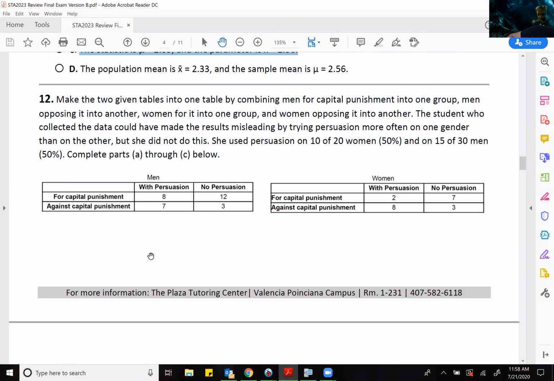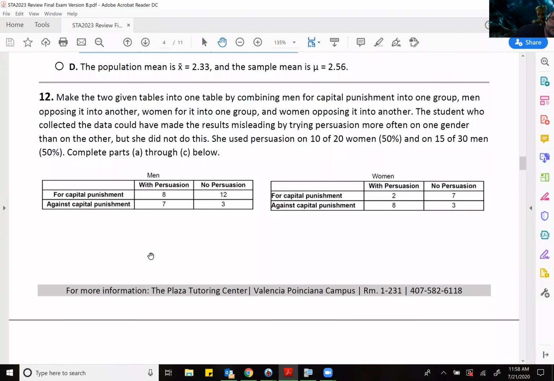All right. So this next one. This one is coming to us live and in living color from section 7.1 again. So make the two given tables into one table by combining men for capital punishment into one group, men opposing it into another, women for it into one group, and women opposing it into another.